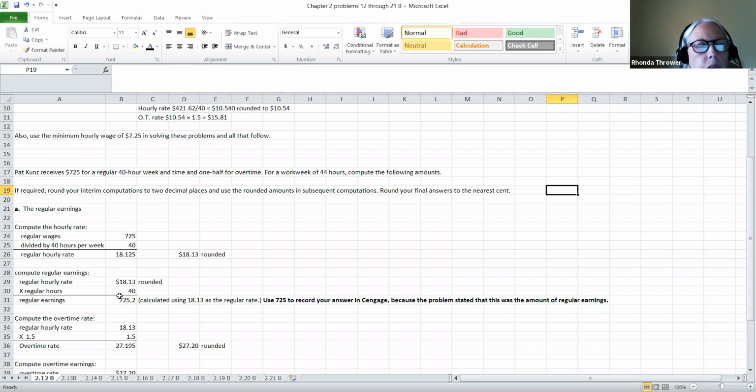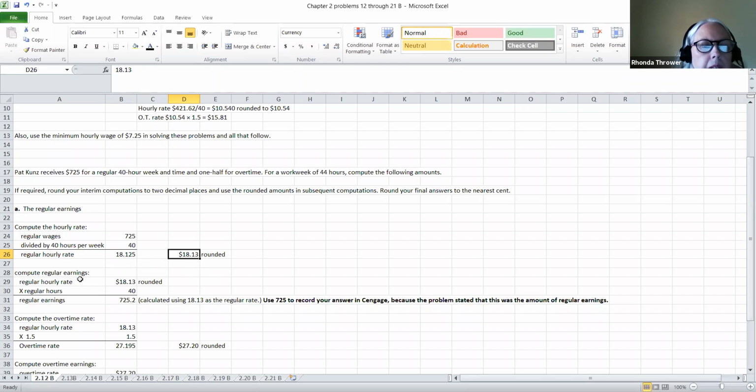So we're going to divide 40 hours into the regular wages to get the regular hourly rate. Notice this regular hourly rate has carried out 3 decimal places. And according to your rounding rules, they wanted you to round hourly rates to 2 decimal places. So I rounded it for you here.